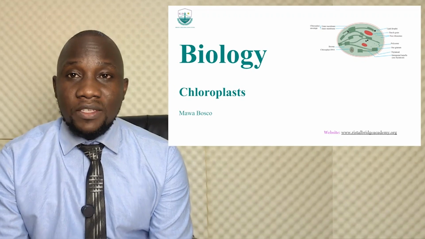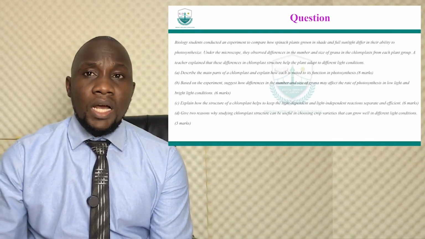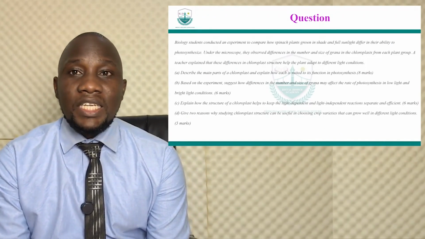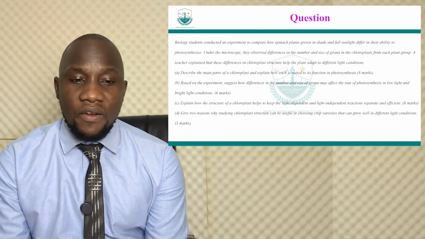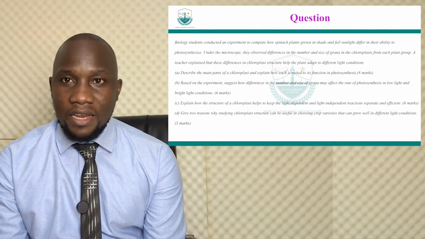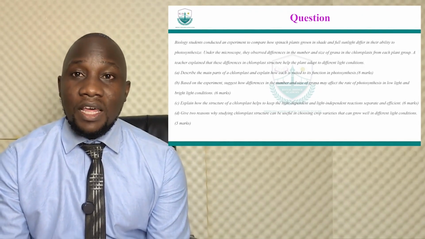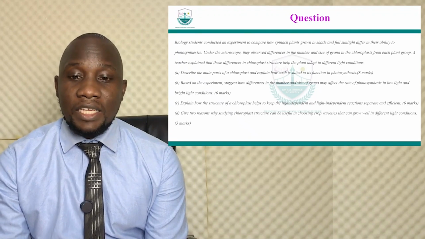So we start with the scenario, and this scenario is about biology students who conducted a study or an experiment comparing spinach plants growing under the shade and those that are in the open, meaning that they have full sunlight.